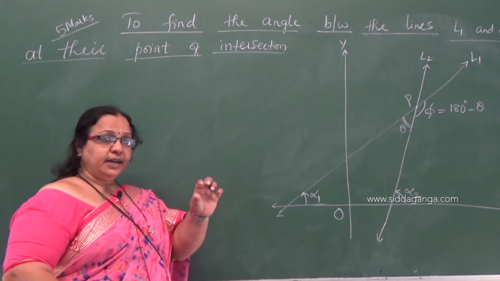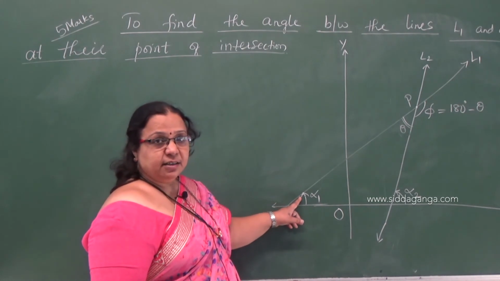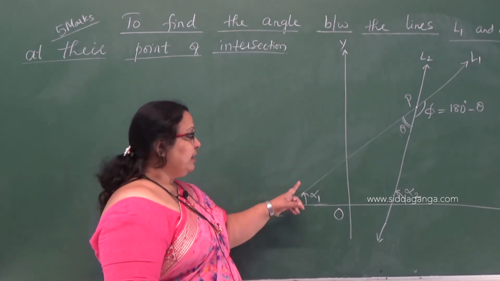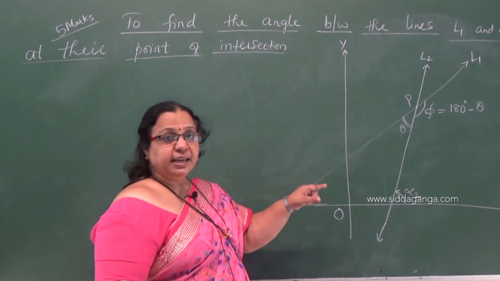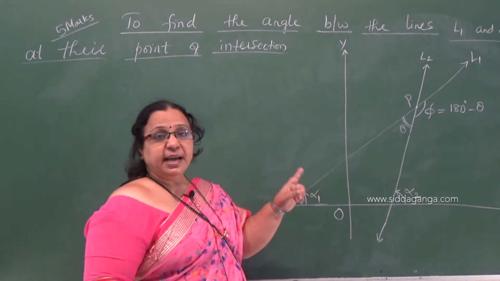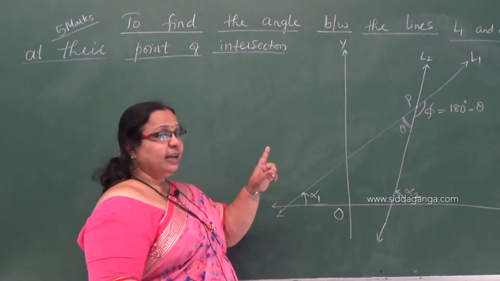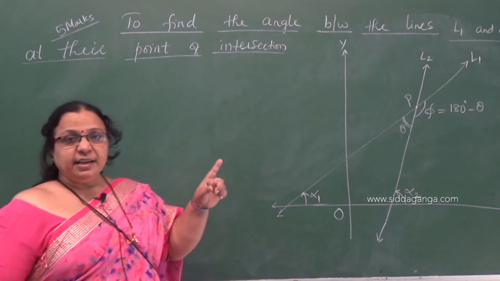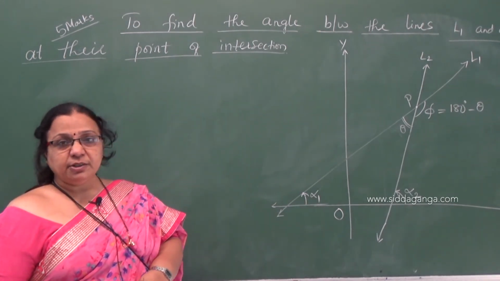So using that formula, the slope of the line L1 is nothing but tan alpha 1. Similarly, the slope of the line L2 is tan alpha 2. We denote the slope of the first line as m1 and the slope of the second line as m2.